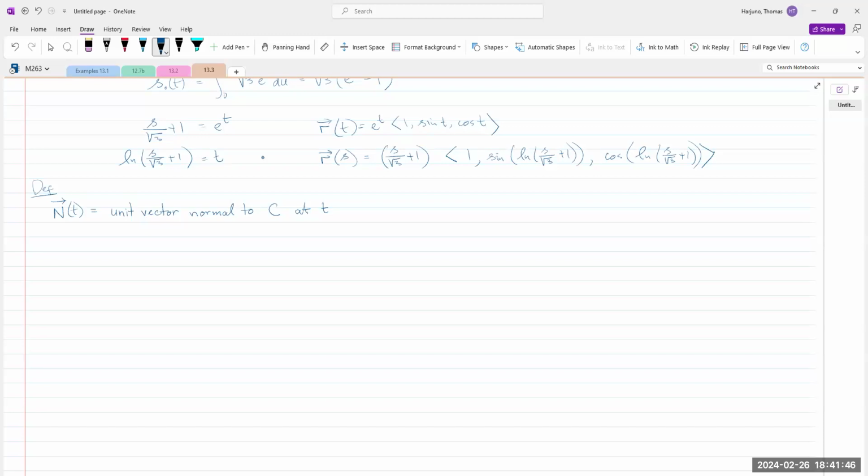Suppose I have a curve. Let's say this is the curve C, which is defined by R(t). And at this point here is the R prime t. Now we have learned earlier that this is our unit tangent vector with length 1.